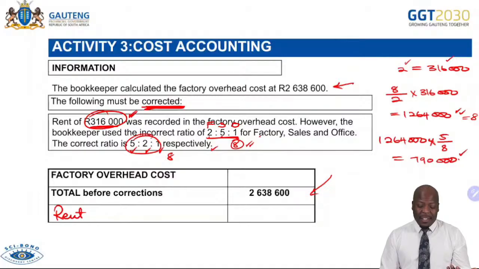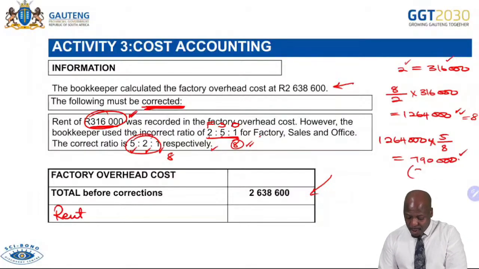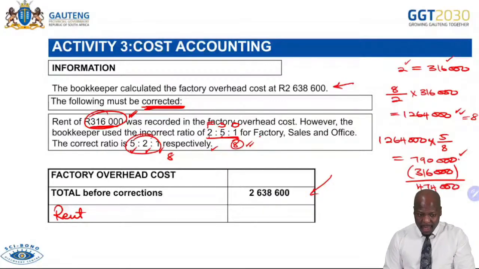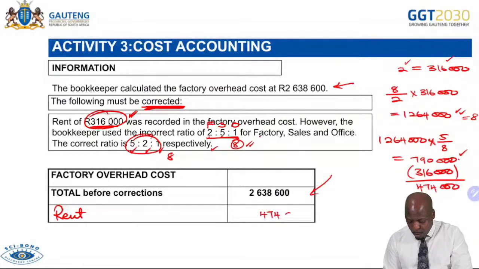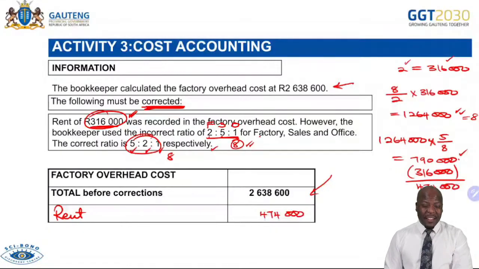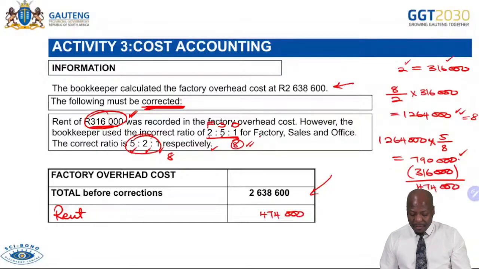Let's just record the difference. So we say 790 minus what we have already recorded, which is the 316. The difference therefore becomes 474,000. So we're going to come here, then on the rent, we're going to add 474,000. That is what we would have done.